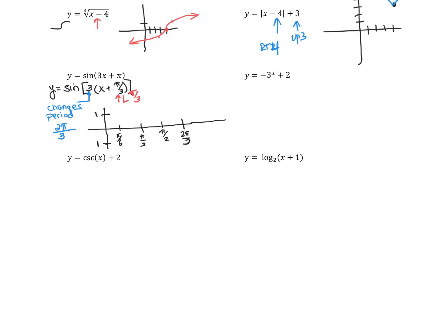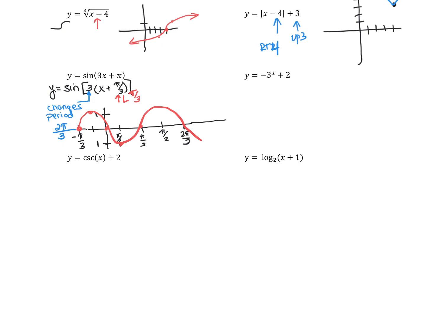And we've shifted to the left pi over 3. So that's like 2 tick marks right here, minus pi over 3, and that's where we're going to start. So we're going to start here. We know sine goes up first, and our sine wave looks like this.